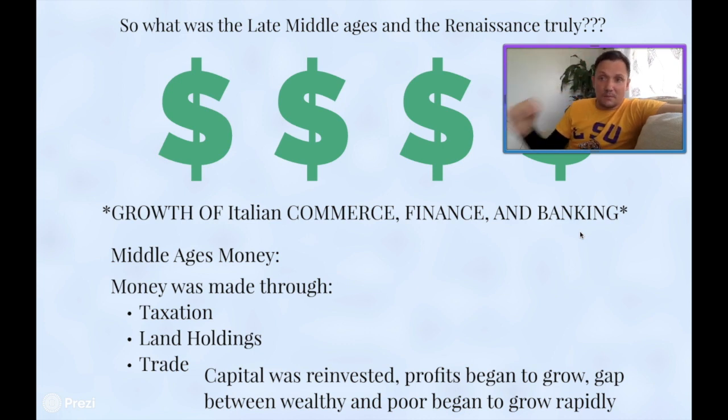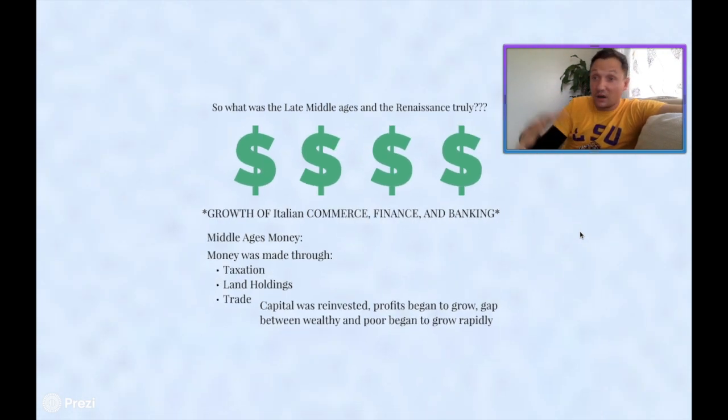Taking money made off their land holdings and reinvesting it into their land, trying to grow their profits, is a very important thing to understand, because now you're seeing a growth of new ideas coming into Europe, right? That reinvestment. Capitalism is being born on its own, right?